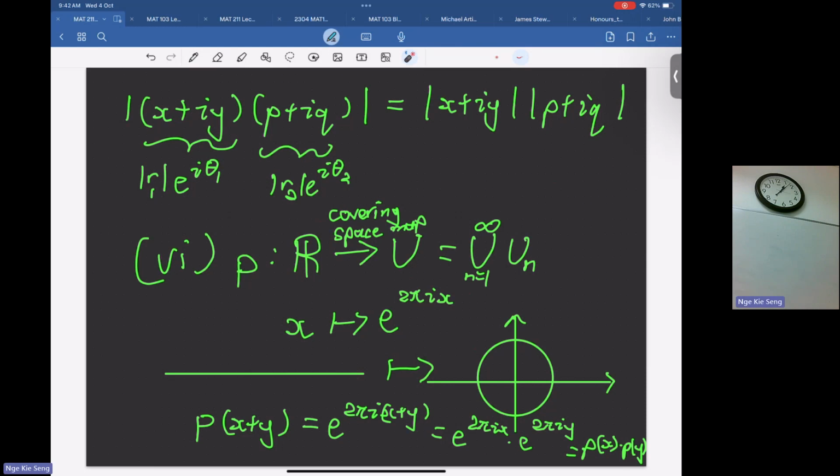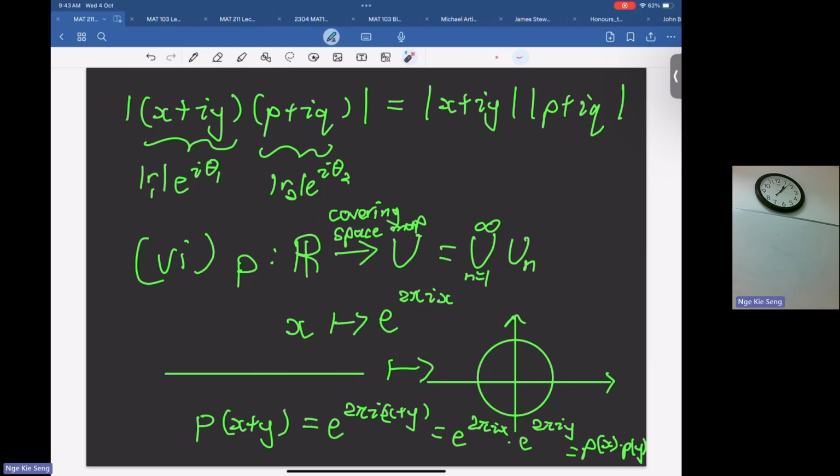Maybe you want to change R to something else. Polynomial.